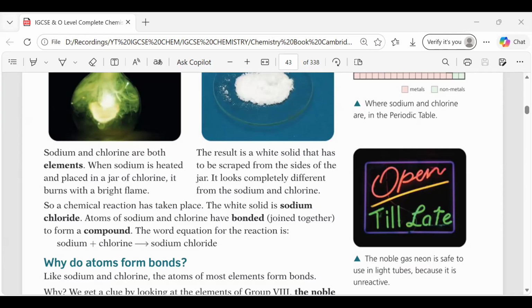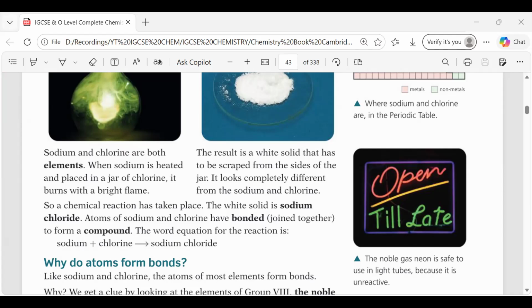Check this, the first with the blue color pen, sodium. Yes, 11 protons, okay. And it means there will be 11 electrons, right? So what will be the electronic configuration? It will be 2, 8, 1.